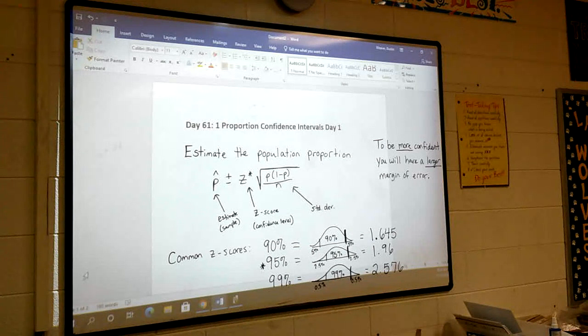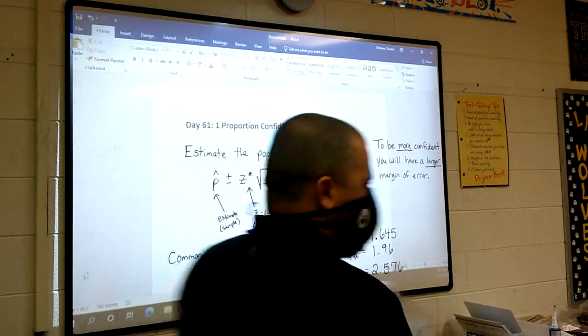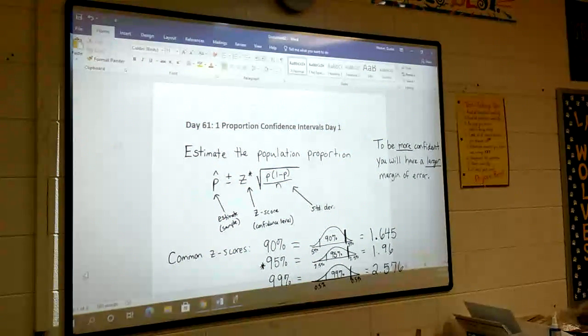So a good example that I usually use for the margin of error is if you take something very small, like this little glass jar.